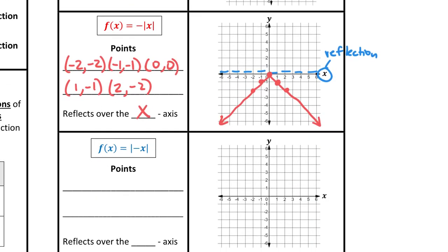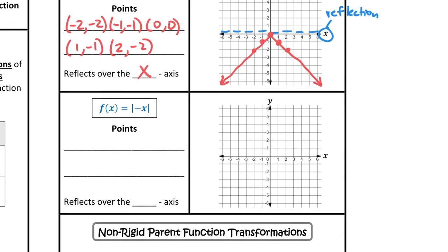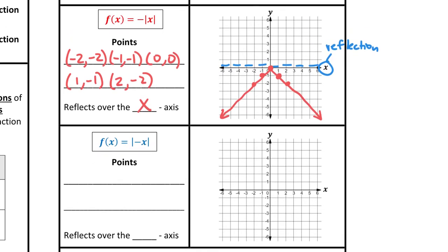Then we're going to go down here and look at the reflection over the y-axis now. When the negative is inside, there's a reflection over the y-axis. Now, remember, the parent function looks like this.